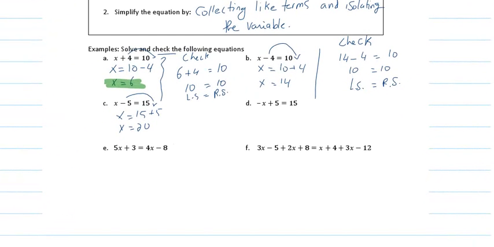So if I'm going to check for this, I plug in 20 for x. 20 take away 5 equals 15. 20 take away 5 gives me what? 15 equals 15, so that means my left side is equal to my right side. That means my answer is correct.